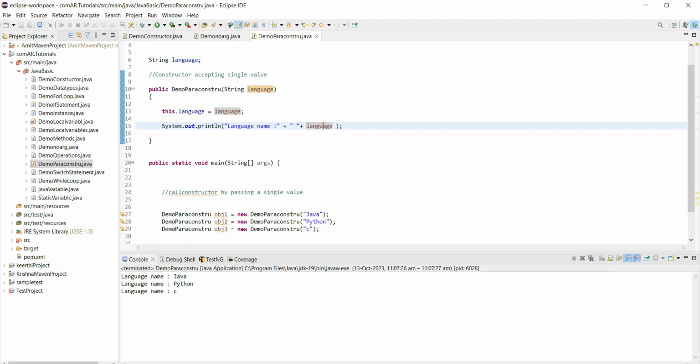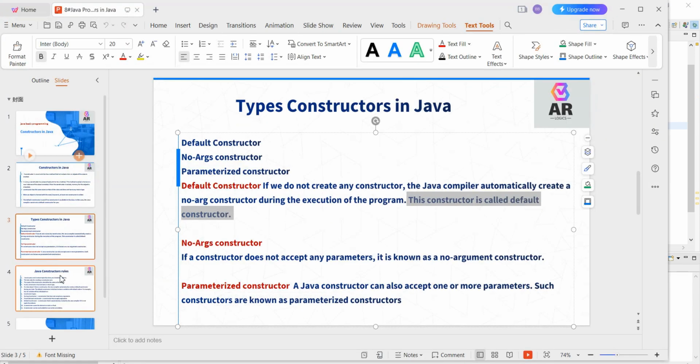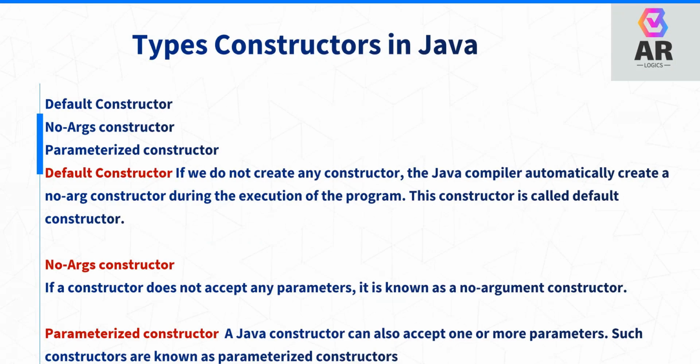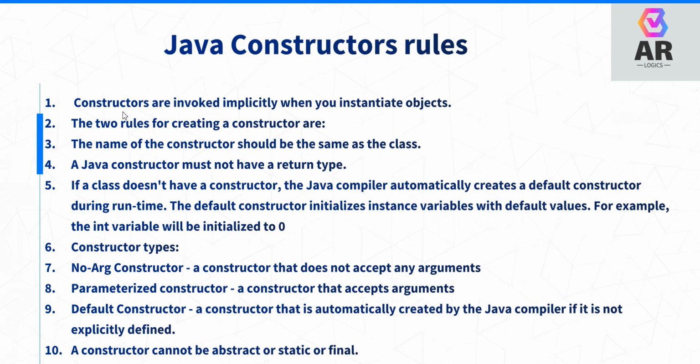Now, what are the important rules of the constructor? There are a few important rules. Constructors are invoked implicitly when you instantiate an object. Two rules for creating a constructor. The name of the constructor should be the same as the class name.